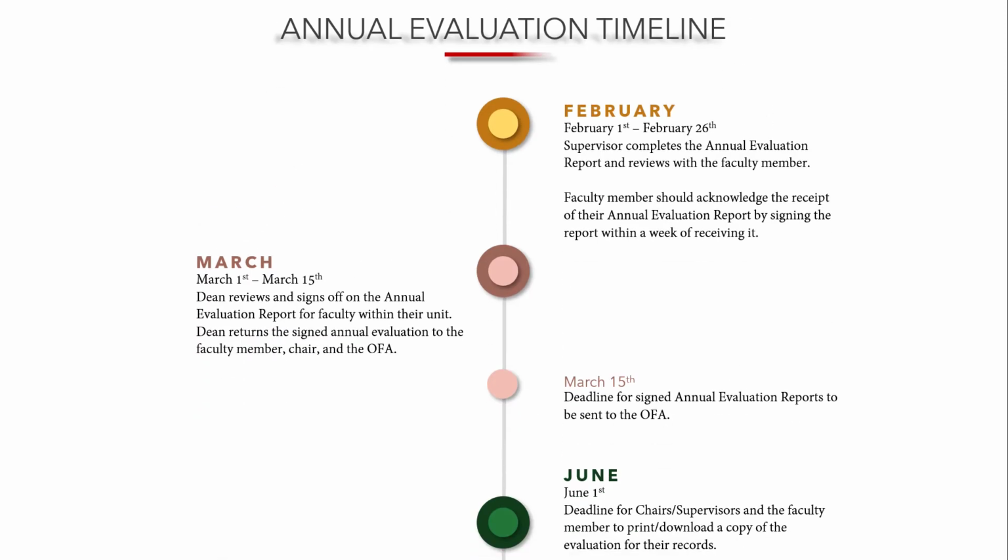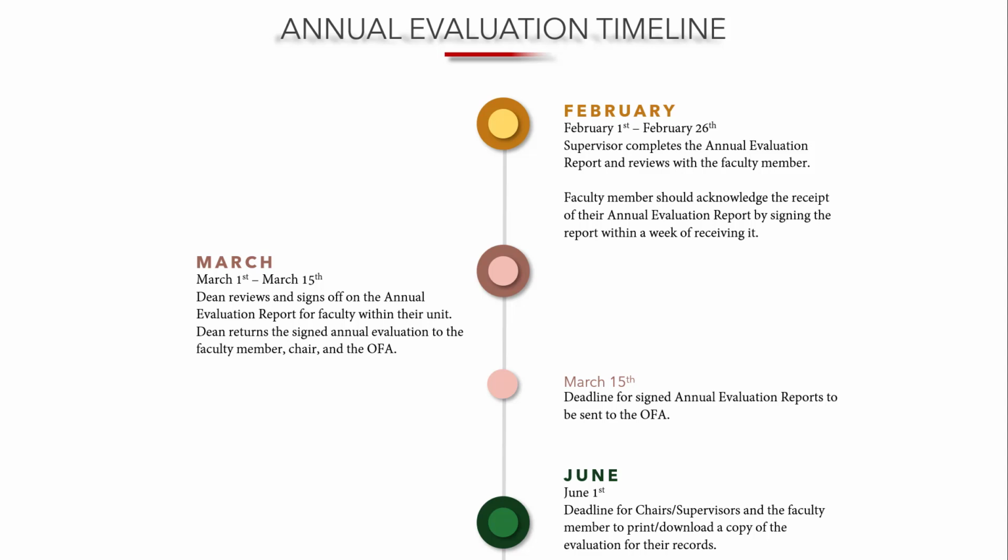February 1st through February 26th, the supervisor completes the annual evaluation report and reviews it with the faculty member. The faculty member should acknowledge the receipt of their annual evaluation report by signing the faculty member sign-off form. March 1st through March 15th, the dean reviews and signs off on the annual evaluation report for faculty within their unit and returns the signed annual evaluation to the faculty member, chair, and the Office of Faculty Affairs.